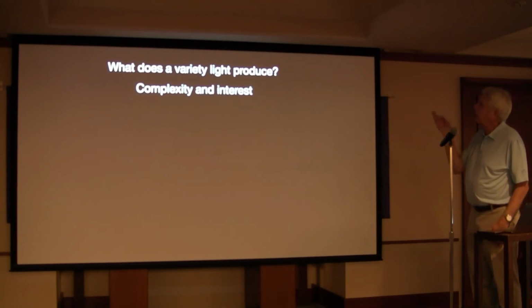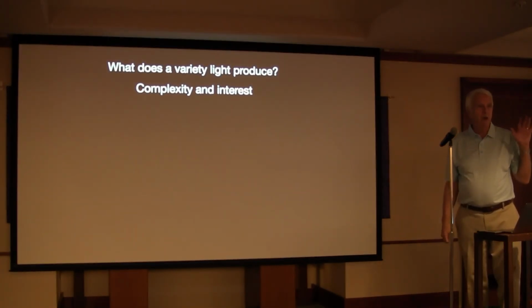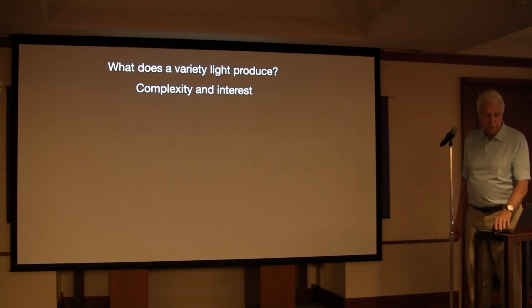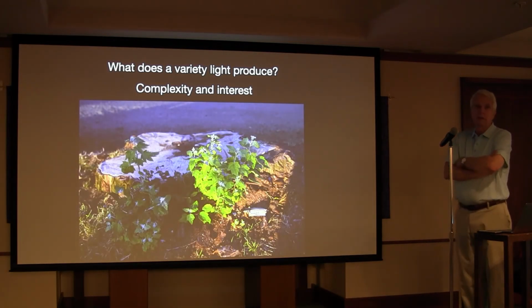So what does a variety of light produce? Complexity and interest. We have all seen this place I'm about to show you. We've all taken photographs of it, maybe not at this time of day. It's the stump right out there. What's interesting about this photograph was I was trying to do one thing, and that is capture light.